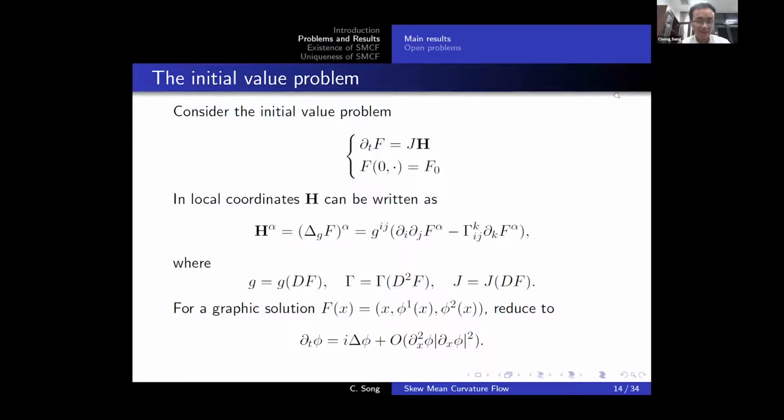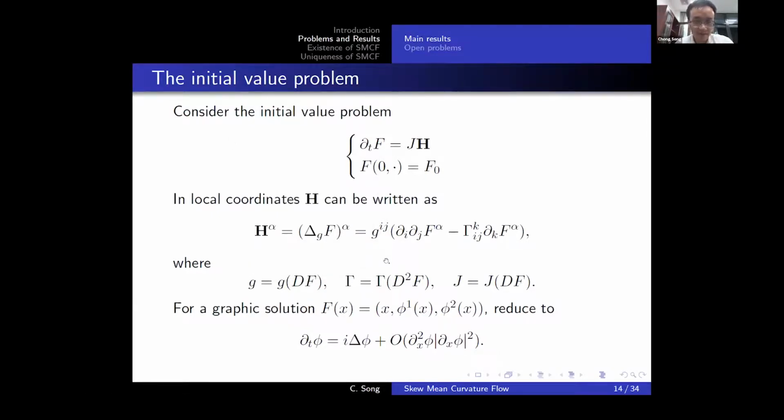So as I was saying, I want to see the structure of this equation clearly. First I can choose a local coordinate around some point, and then in that local coordinate we can write the mean curvature vector like this, which is well known, just basic geometry.